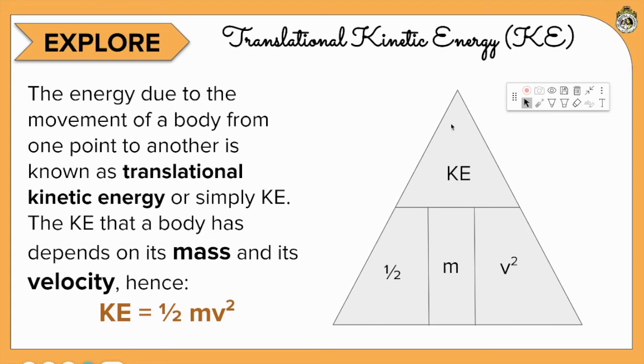Just draw the pyramid, kinetic energy on top, divide the bottom by 3, just like for gravitational potential energy, and then just write 1/2, then m, then v squared. Take note, this is v squared. Please don't change anything that's in the formula. All right, so I think we are ready to start solving word problems related to translational kinetic energy.